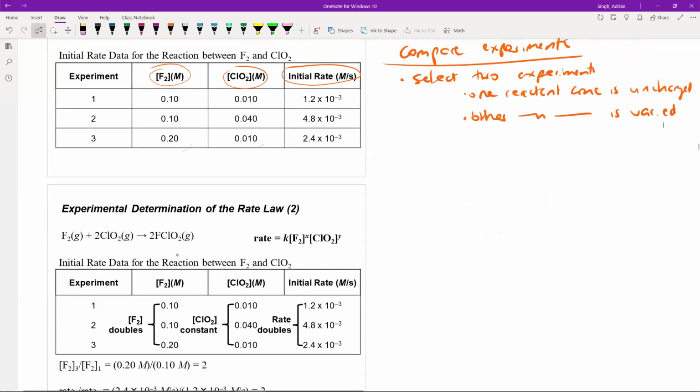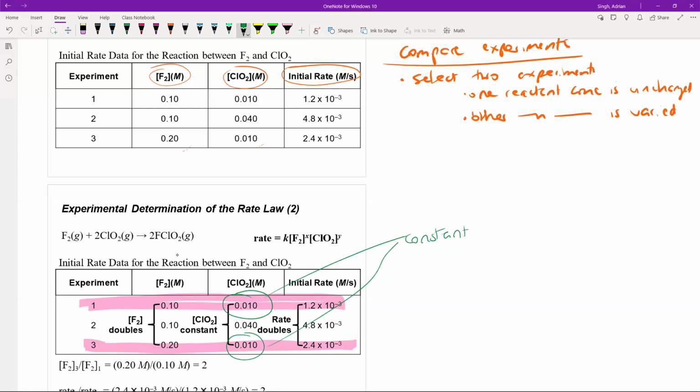For instance, if I look at my data, I can select experiment 1 and experiment 3. The reason I want to select these is that between experiment 1 and 3, what we're holding constant is the concentration of the ClO2.